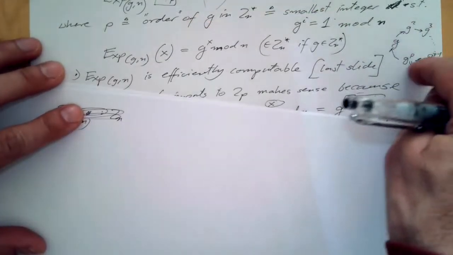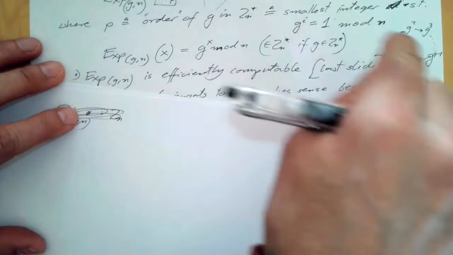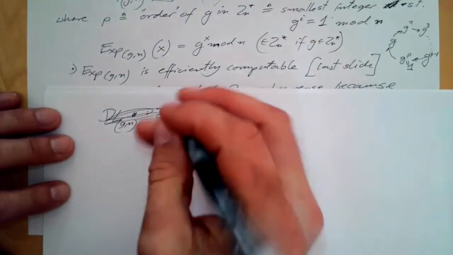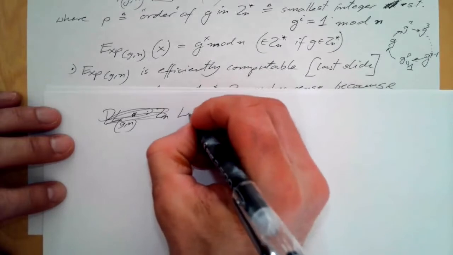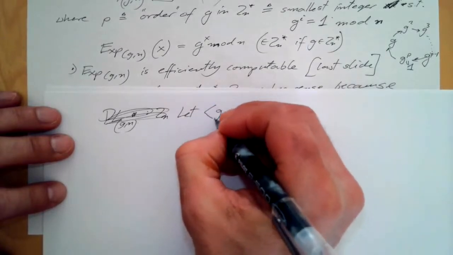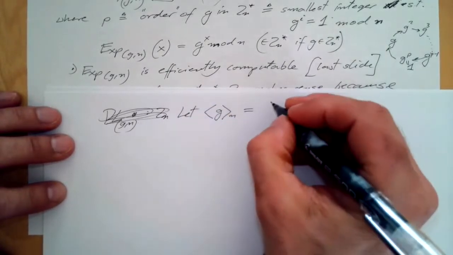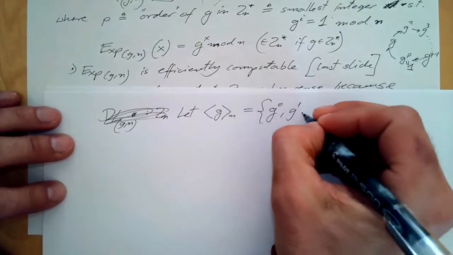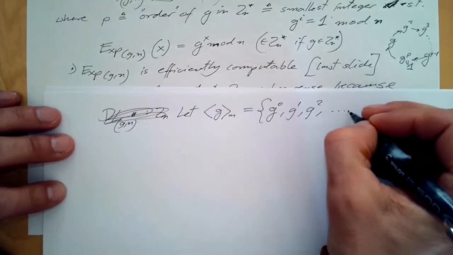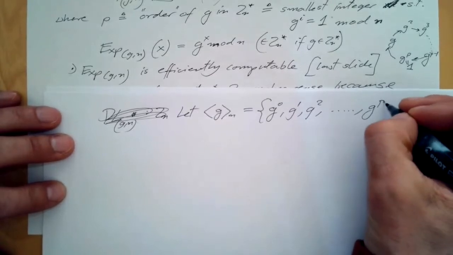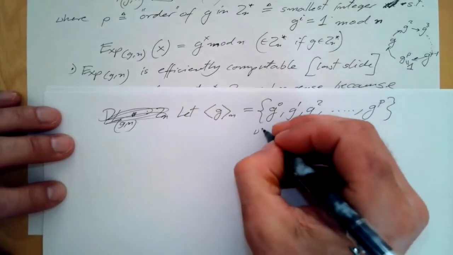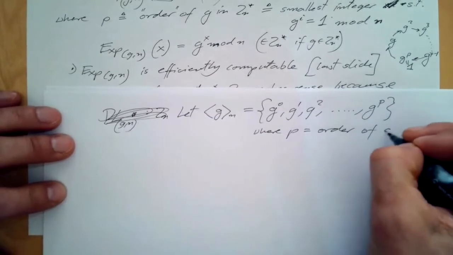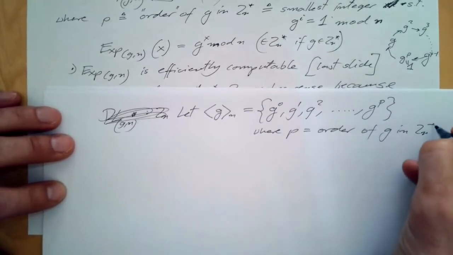All these elements sit somewhere in Z_n star, but that doesn't mean they form the whole of Z_n star. Let G_n stand for a set like this: g to the 0, g to the 1, g to the 2, and so on, up to g to the p, where p is the order of g in Z_n star.